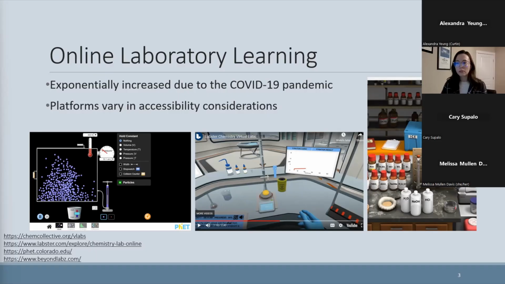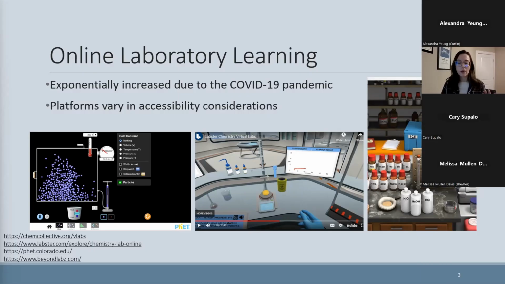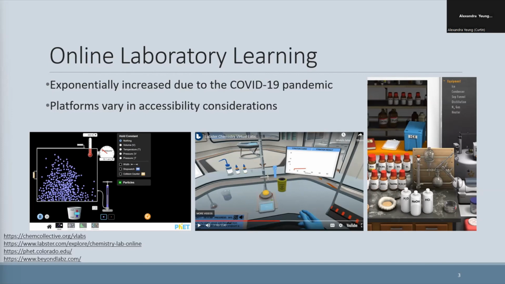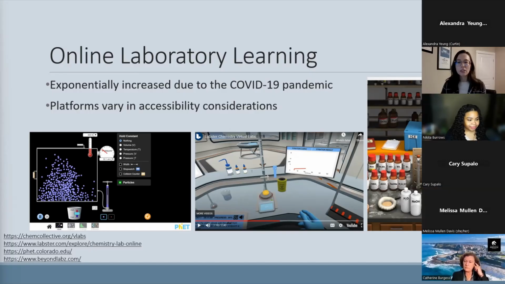And so what I've put on the slide here is a few screen grabs from some of these online laboratory environments. Some are more oriented towards simulating the laboratory environments that we would have in our in-person lab, or leveraging the flexibility of the online platform to be able to depict things on the molecular level. And so with this, we really need to be considering how accessible are these environments.